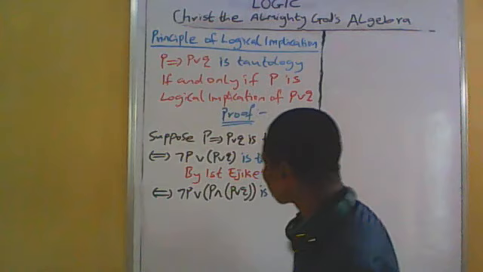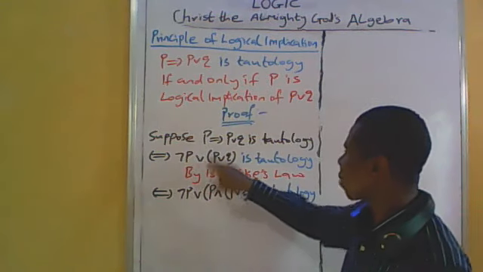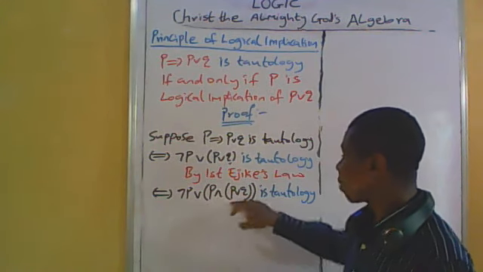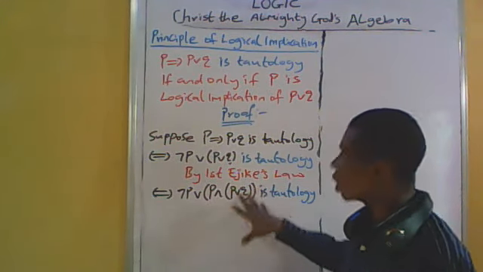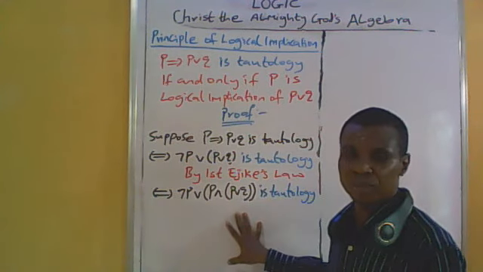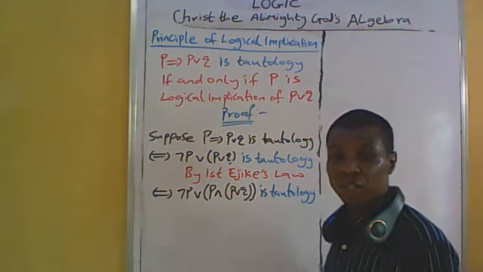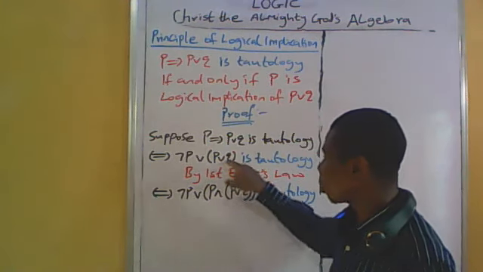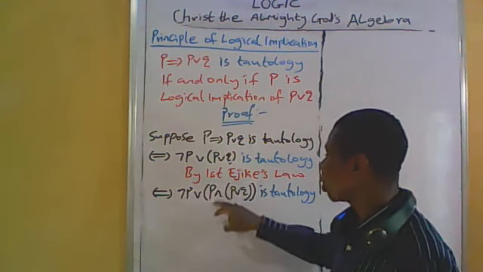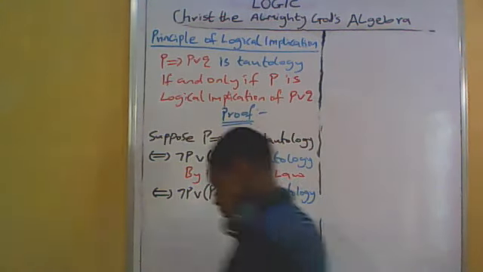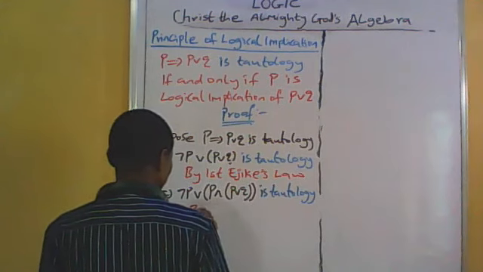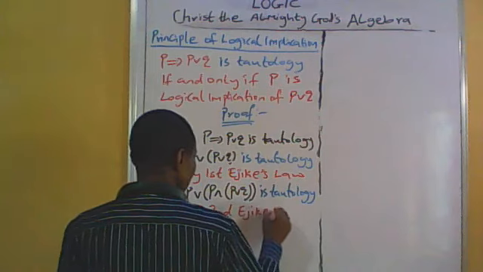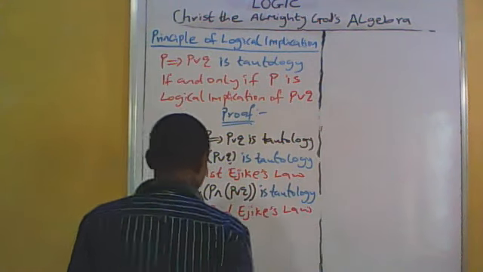We see that we have now substituted this not P or bracket P or Q with not P or bracket P and bracket P or Q. It is still logically equivalent, being justified by the second implication law. So by the second implication law, we substitute this not P or bracket P or Q with not P or bracket P and bracket P or Q, being justified by the second implication law.